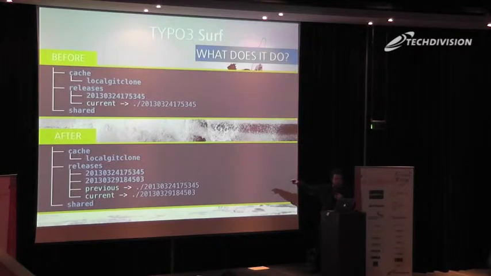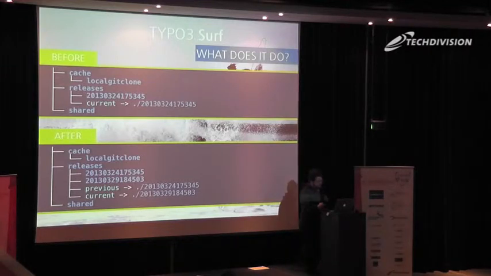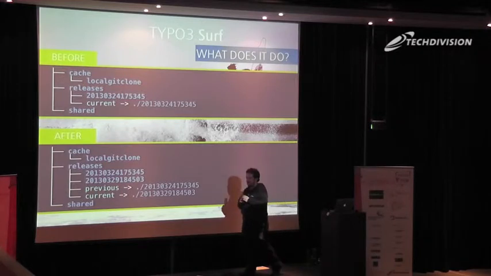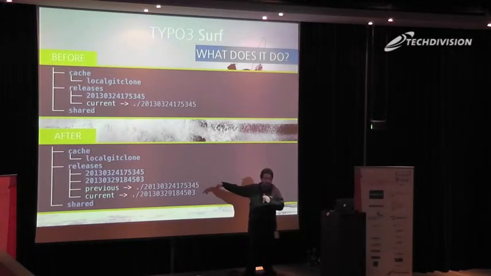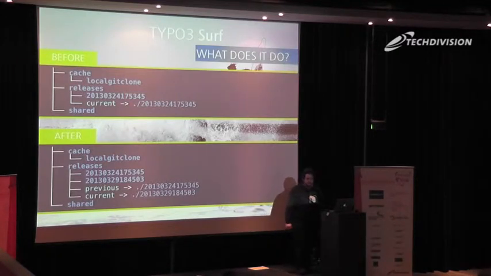The old release that was previously active stays there. You can configure how many old releases Surf shall keep. And Surf basically just switches the current symlink onto your new release. It keeps the old release and keeps a previous symlink on the old release, so you can still access it.